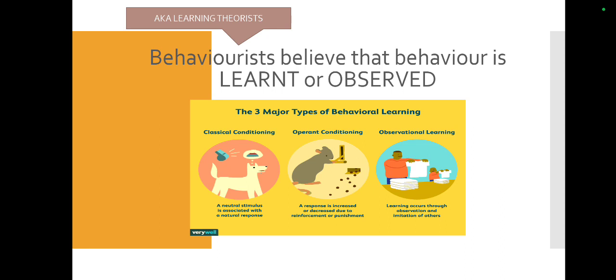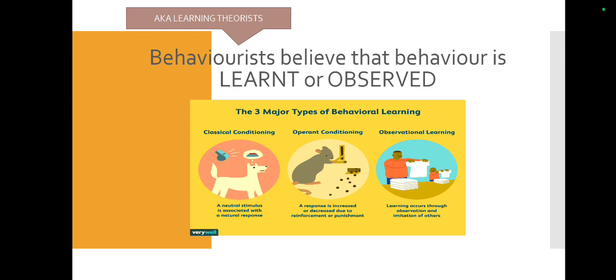So it might be an idea for you to just pop that into your booklets, or at least highlight it at the top of page 5, because I don't want anybody to get confused with me referring to those two terms interchangeably. They both mean the same thing. A behaviourist is a learning theorist is a behaviourist. So just make that stand out.